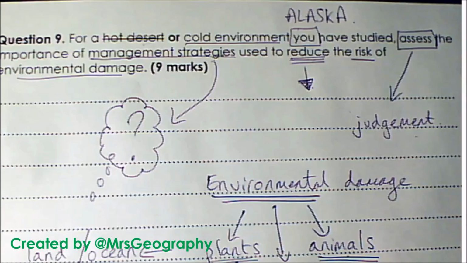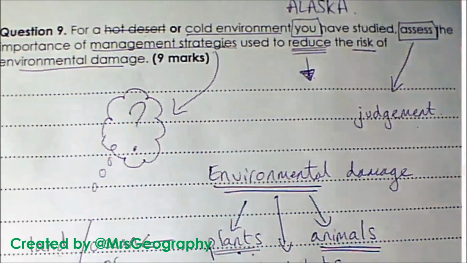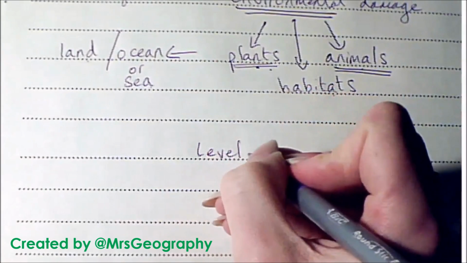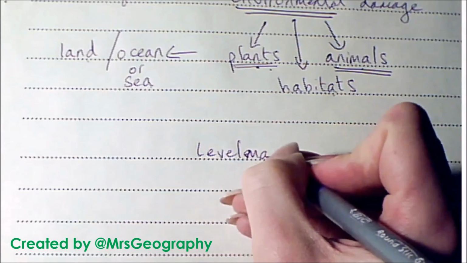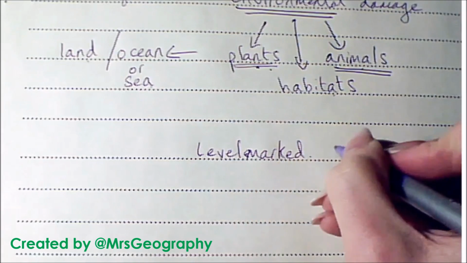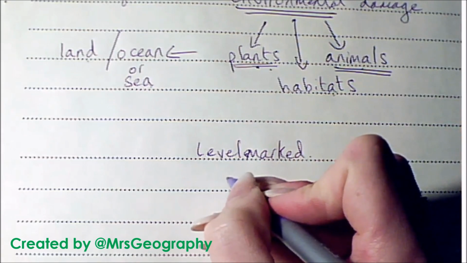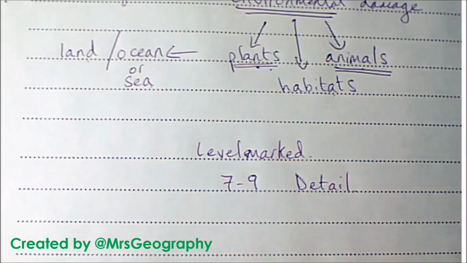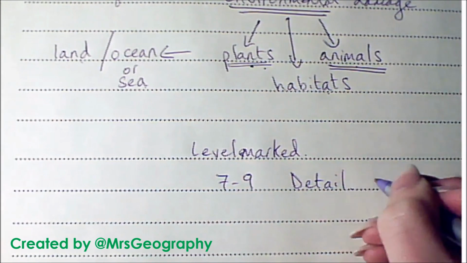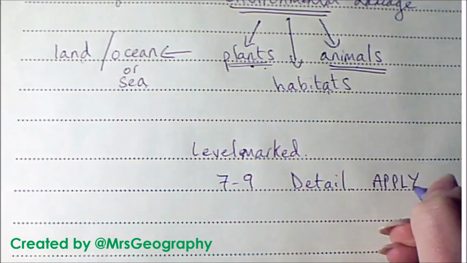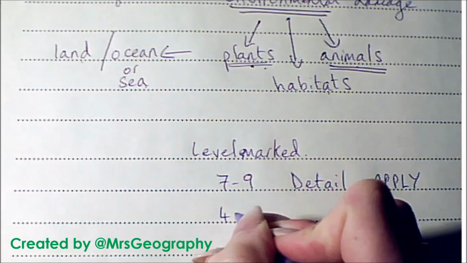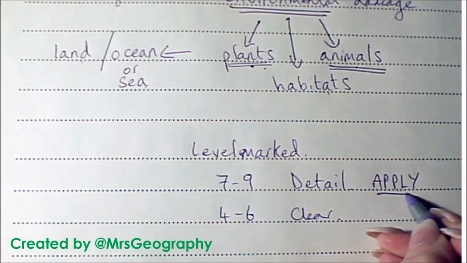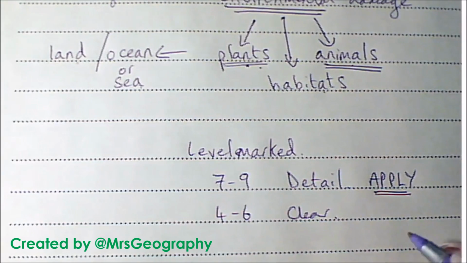So for this particular question, it's worth 9 marks. So we know that it is level marked. And for a level marked answer, for 7 to 9 marks, we have to provide detail and apply our knowledge. For 4 to 6 marks, it's clear, but maybe doesn't apply your knowledge as well as you'd hope.